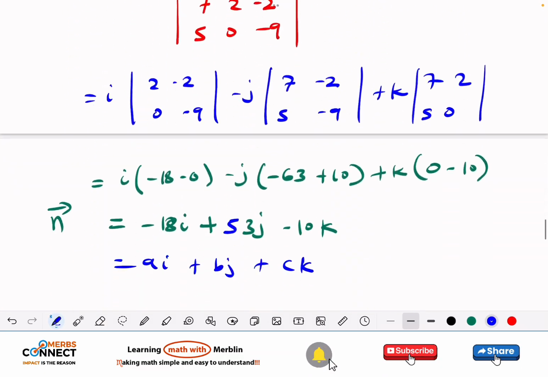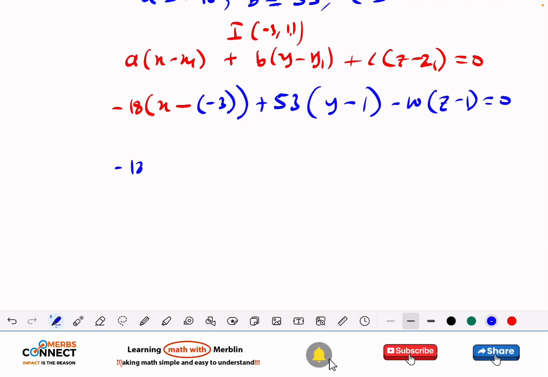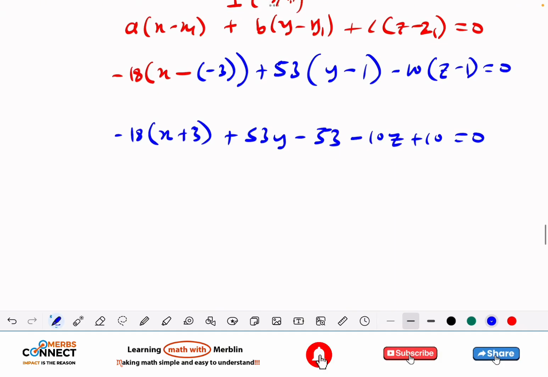The results is expanded. So let's try and expand this. So minus 18x plus 3 plus 53y minus 53 minus 10z plus 10 is equal to 0. So this is going to be minus 18x. What is 3 times 18?